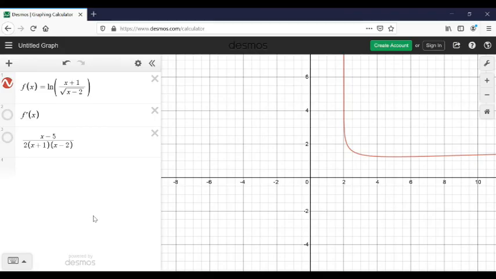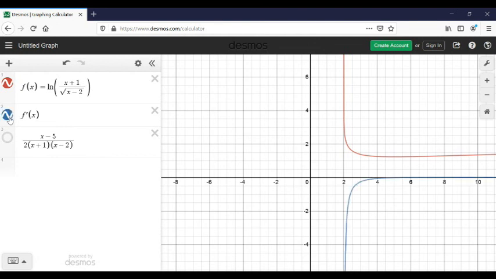What I mean by this is that if we look at the graph of the function ln of (x plus 1) over the square root of x minus 2, this is what it looks like. And if I were to graph its derivative, it is only defined on the domain of the original function, so it will look like this.